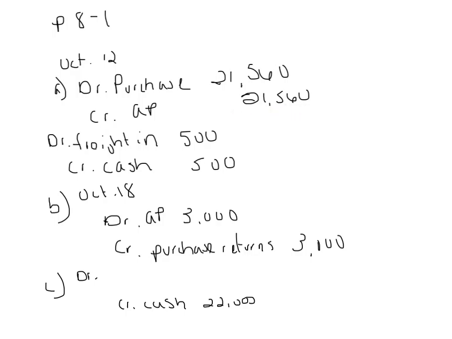So we've got to reduce the accounts payable for what it was set up as, $21,560. And then we're going to debit this interest expense account for the difference, $440. And this actually gets booked right to the income statement. Okay.